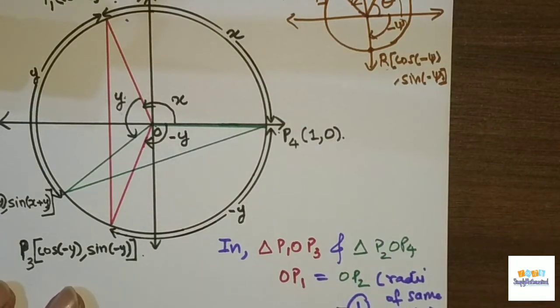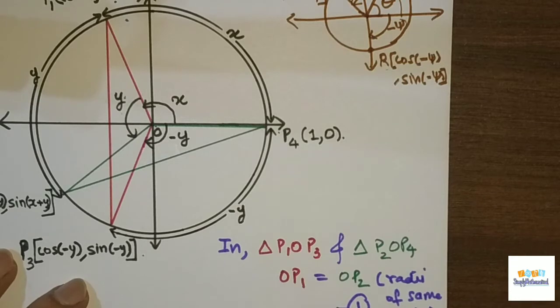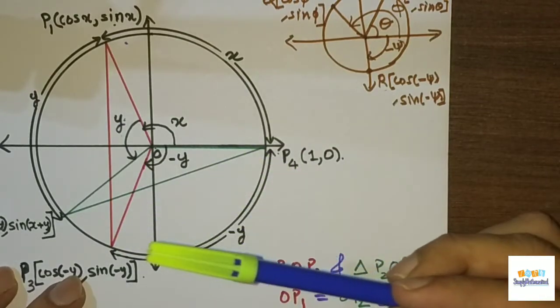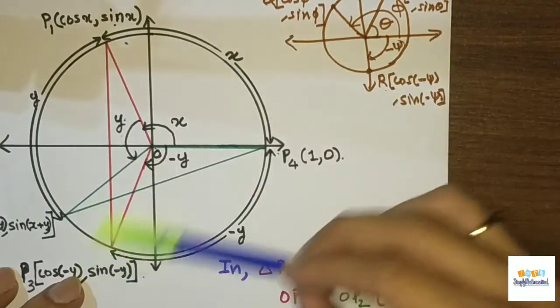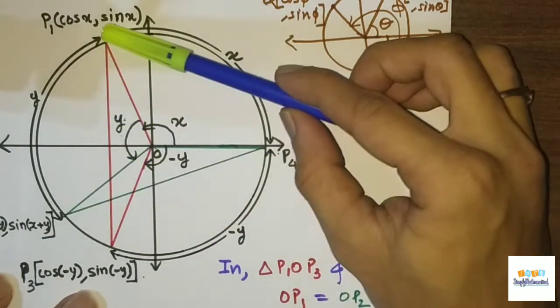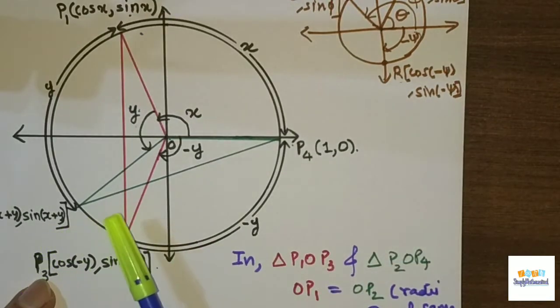You have also studied in 10th standard that there is something called corresponding parts of congruent triangles. Since these two triangles, red and green, are congruent, the corresponding sides match. P1P3 is corresponding to which side?